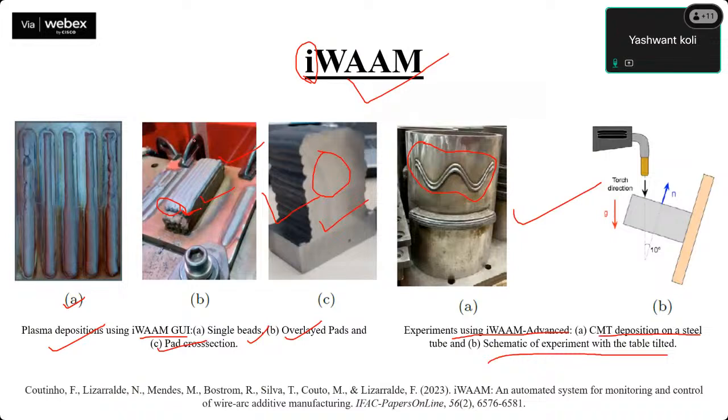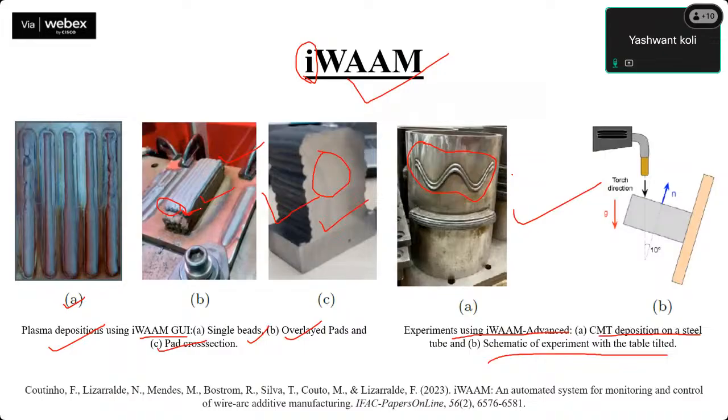So similarly, this is the second case. In this we are using the KR90 plus KP2 robotic cell plus Fronius CMT Advanced 4000 power source. So this machine, the KUKA robot, is integrated with the CMT Advanced 4000 power source.